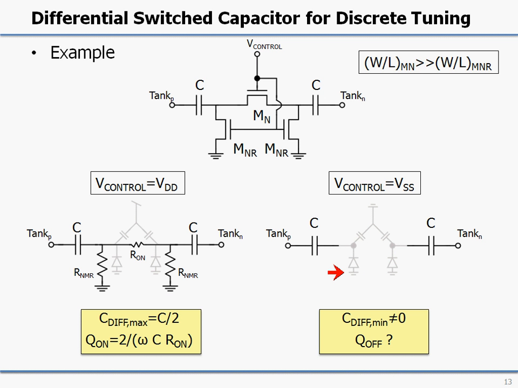In order to make the on resistance small, we tend to use large devices, but they come with a lot of parasitics in the off state, so we have a trade-off here, and the capacitance in the off state does not go to zero. Also, we have to be careful about what the quality factor of this capacitance is going to be. It is hard to make general rules about this because it all becomes very layout and process dependent.